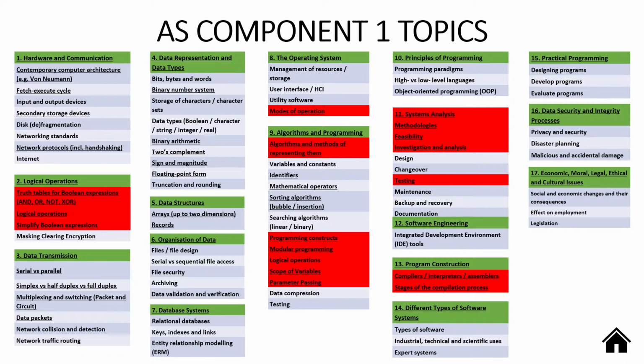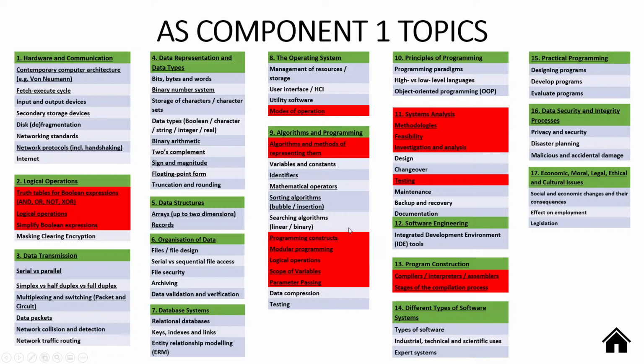Logical operations, again, that's covered over in chapter 2. Logic operations are things like ands, ors, nots, nands, nors, exclusive ors, that kind of thing. Then we have scope of variables and the different types of scope that you can have, and also how to recognize scope in a piece of code or an algorithm.